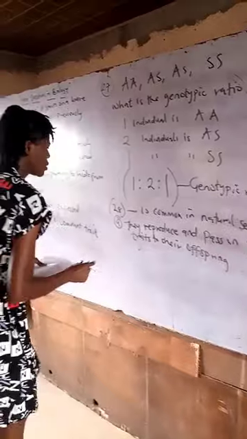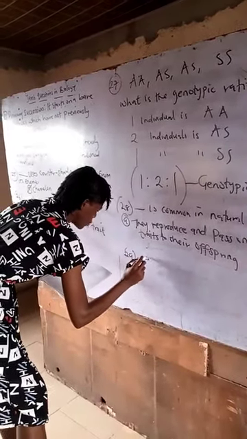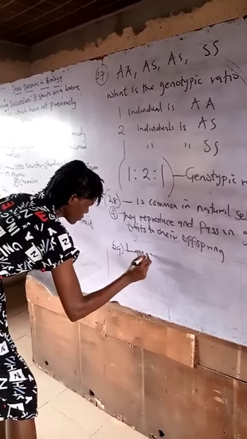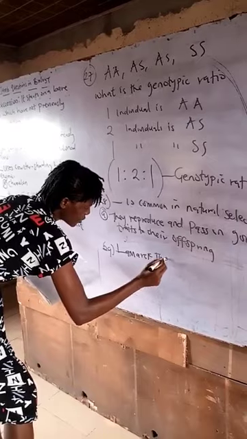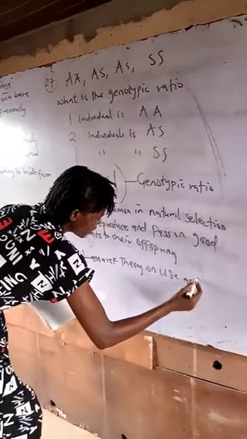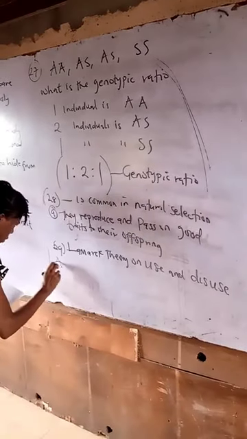Okay. Now the next one is on what? Use and disuse. That's Lamarck's theory. Lamarck's theory on use and what? Disuse. So the answer, there's a question I like to read.